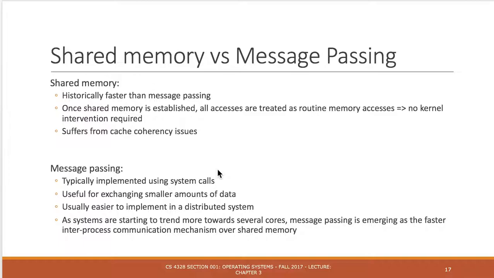The other general rule of thumb has been that shared memory works really well when you have larger amounts of data, whereas historically when you had smaller amounts of data to be exchanged, message passing was definitely an easier way to go. Additionally, if you have a distributed system, message passing is a powerful method to implement this, versus shared memory across a distributed system, which is a more complex task.